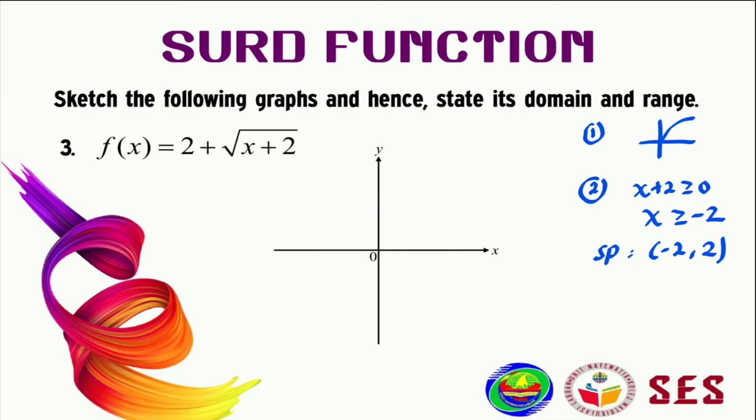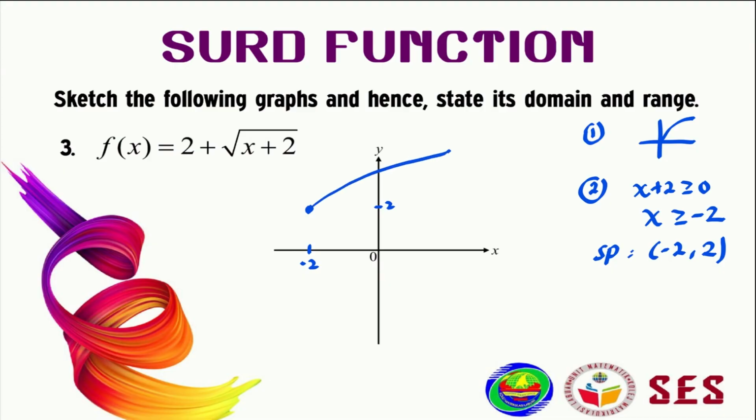So let us try to label the starting point first. This is the negative 2 and this is the 2, so this is our starting point here. And we have agreed earlier that the graph is this shape, so we can straight away sketch the graph first.